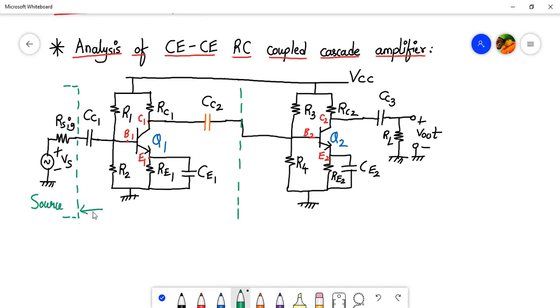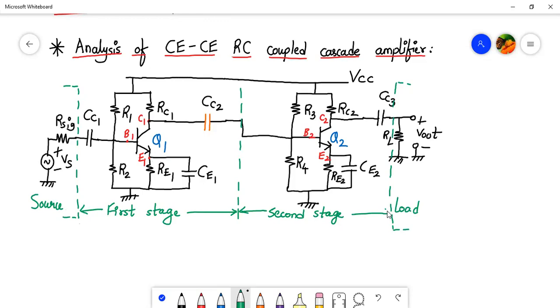This is my first stage, and then in series with the cascade we have the second stage. So this is the second stage. And at the output we have a load. So let me put a bifurcation over here. So this is the load part, and that is my second stage.